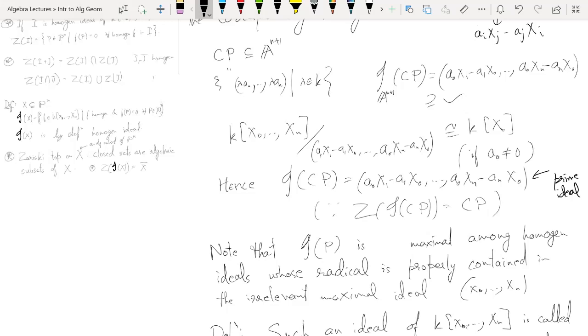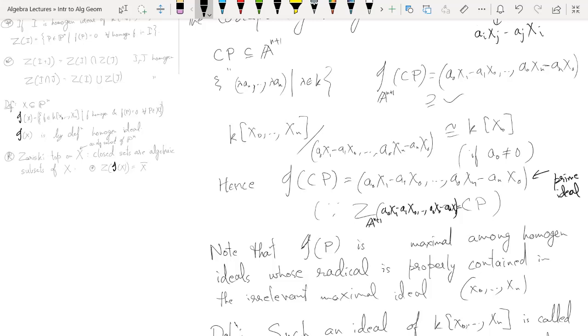And of course, if you look at the vanishing locus of a0x1 - a1x0, ..., a0xn - anx0 in A^(n+1), then this is exactly C_P. So the radical of this ideal is going to be the ideal of definition of C_P.